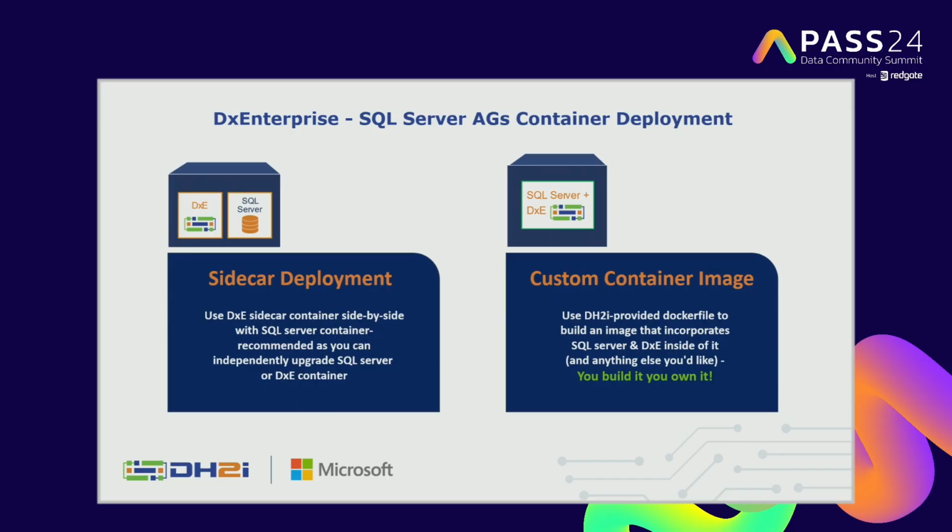So with that, you would have DXE running in its own container, the SQL Server running in its own container, and perhaps you have customized apps that you need to run along with your SQL Server. You can also put them in there too. So then you have a single pod that may have more than two containers running inside it.